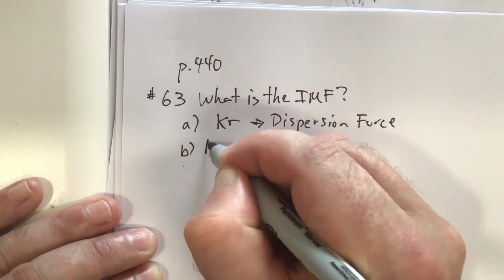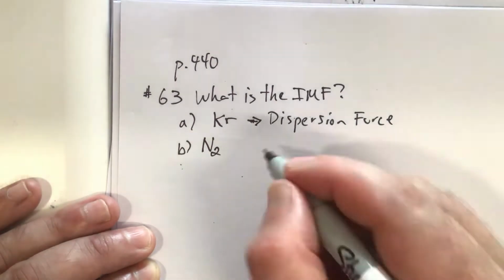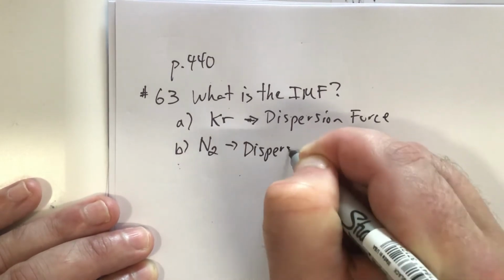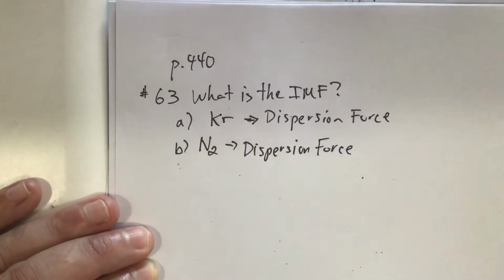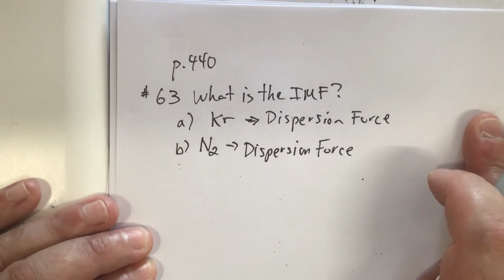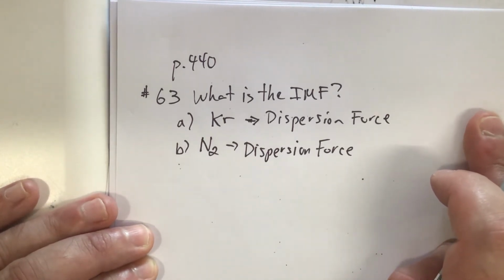Okay, B, we've got diatomic nitrogen gas, N2. Do we have a dispersion force? Well, all molecules at least have a dispersion force, because all molecules have these clouds of electrons that move around them, and they can temporarily clump sometimes on one side of the molecule or the other, creating an instantaneous dipole.